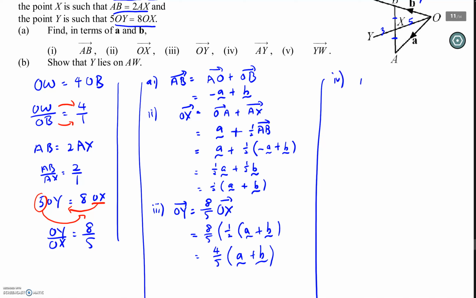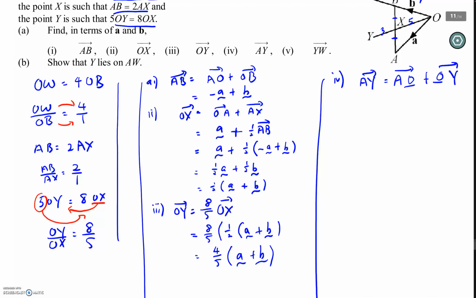Part 4: AY. What is AY? AY equals to what? A something plus something, X. AY. You want to choose O. Can you choose X? Actually yes, but more difficult. O is easy, right?